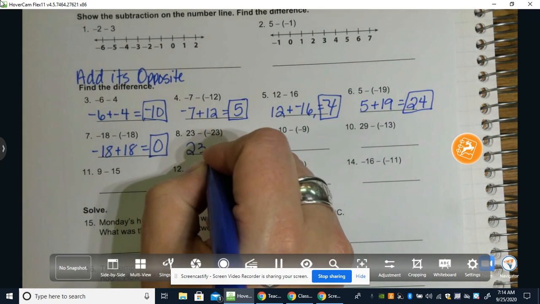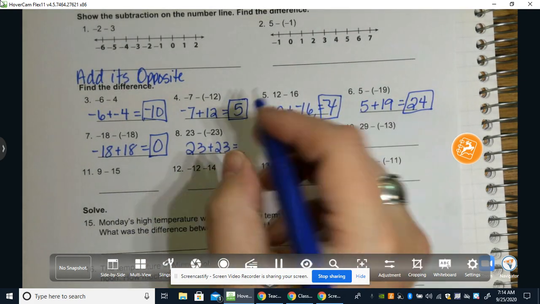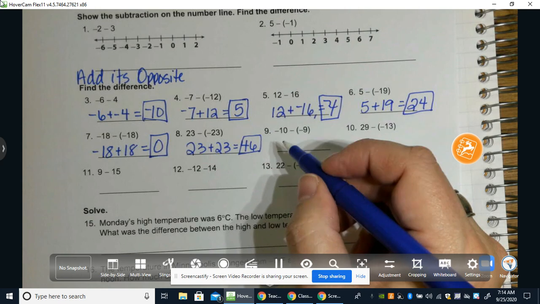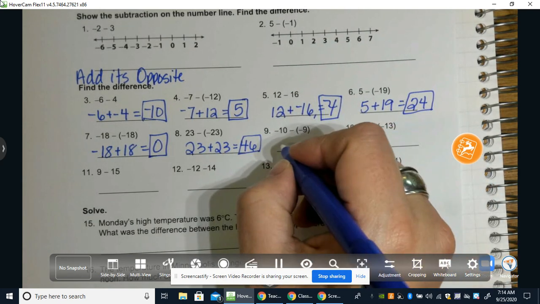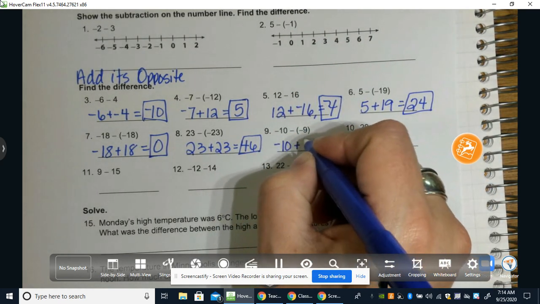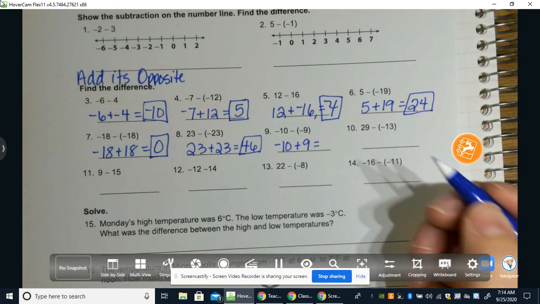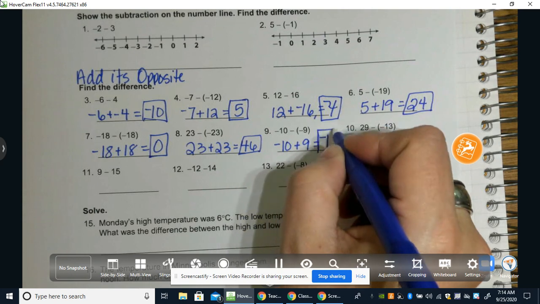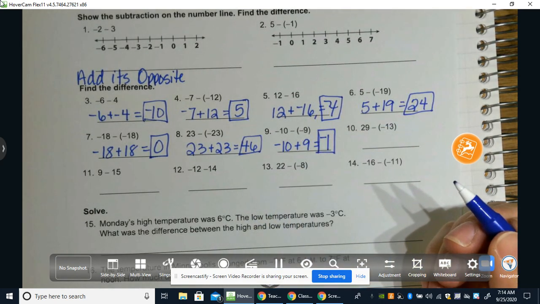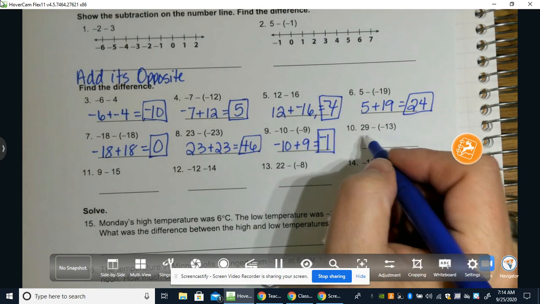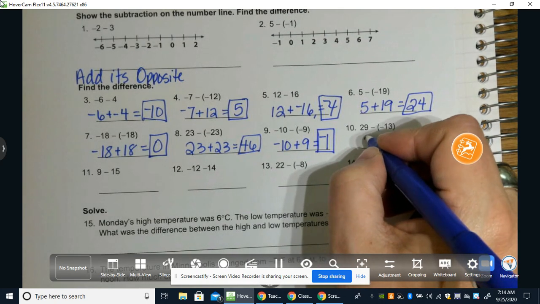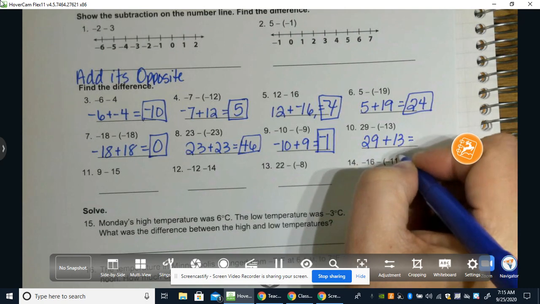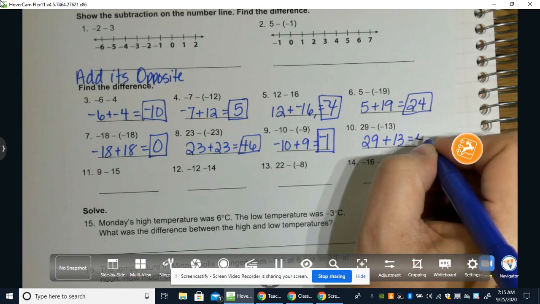It's 23 plus 23, doubling it, so that would be 46. -10 minus a -9, -10 plus 9, different signs, so we subtract. 10 minus 9 gives me 1. I have more of a negative than a positive, so it would be a -1. Number 10, 29 minus a -13 is 29 plus 13, which gives me 42.